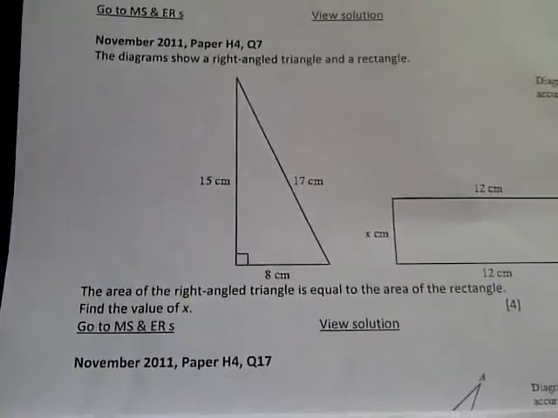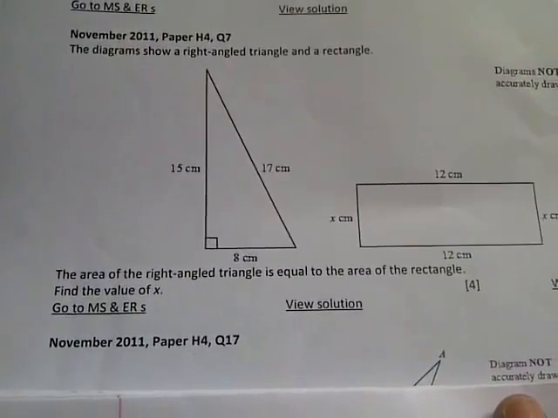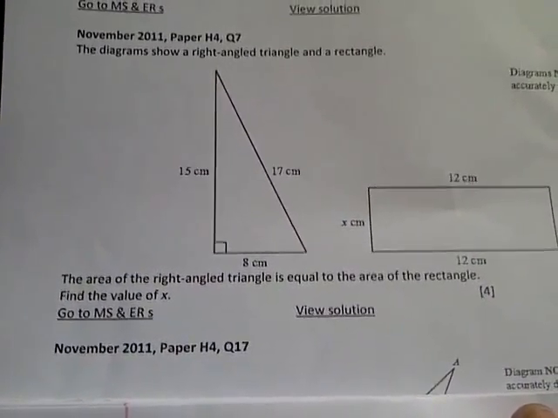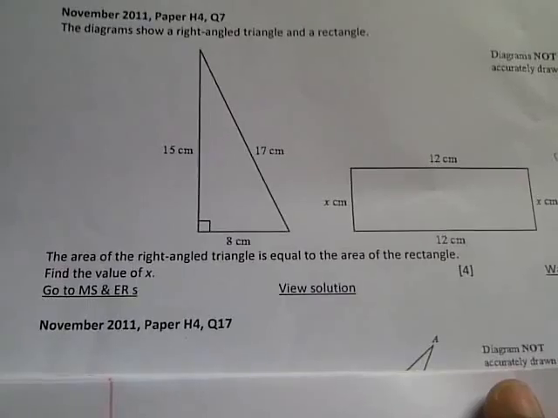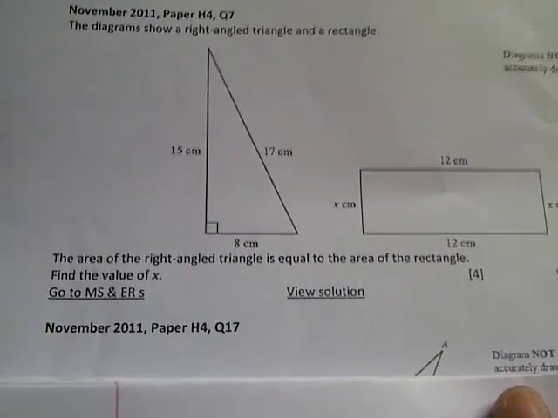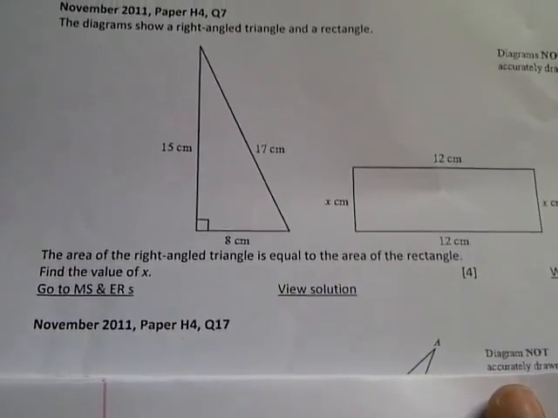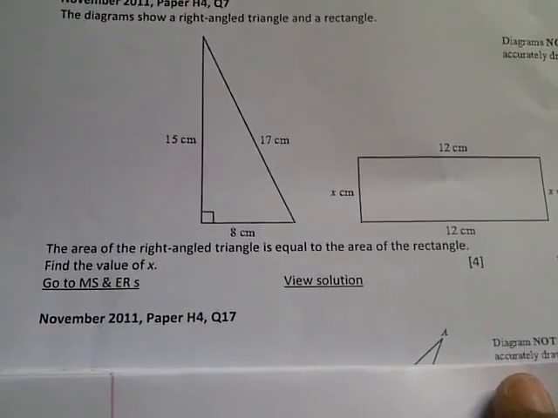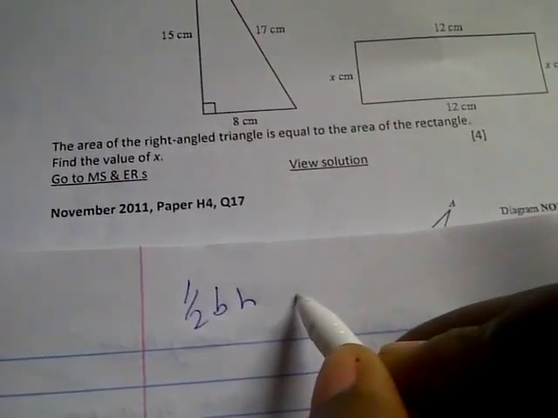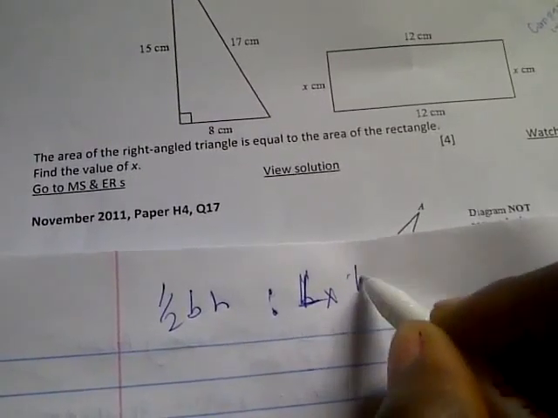Another comparison of area format question is this. We're given that the diagram shows a right angle triangle and a rectangle, and the area of the right angle triangle is equal to the area of the rectangle. Find the value of x. Now we're going to compare the area of a right angle triangle, half base times height, to the area of a rectangle, length times width.